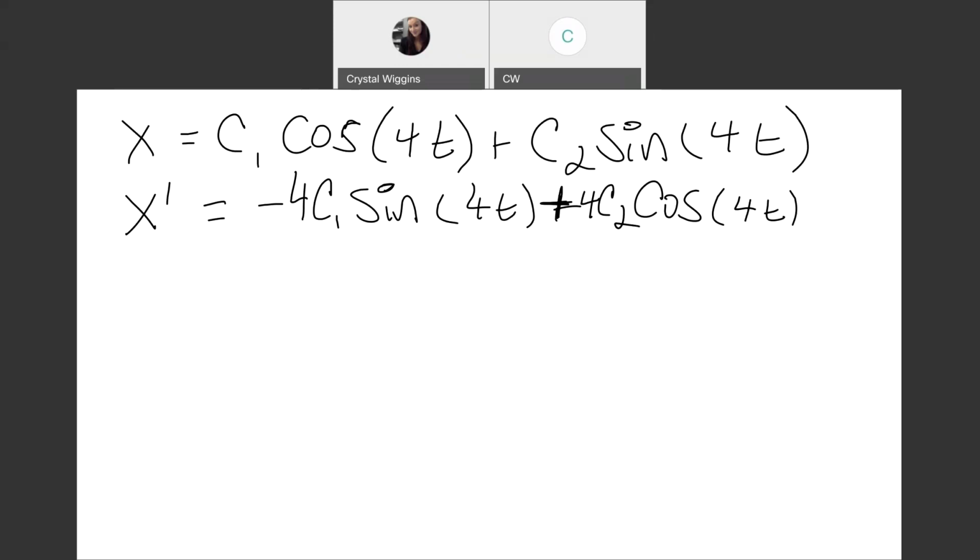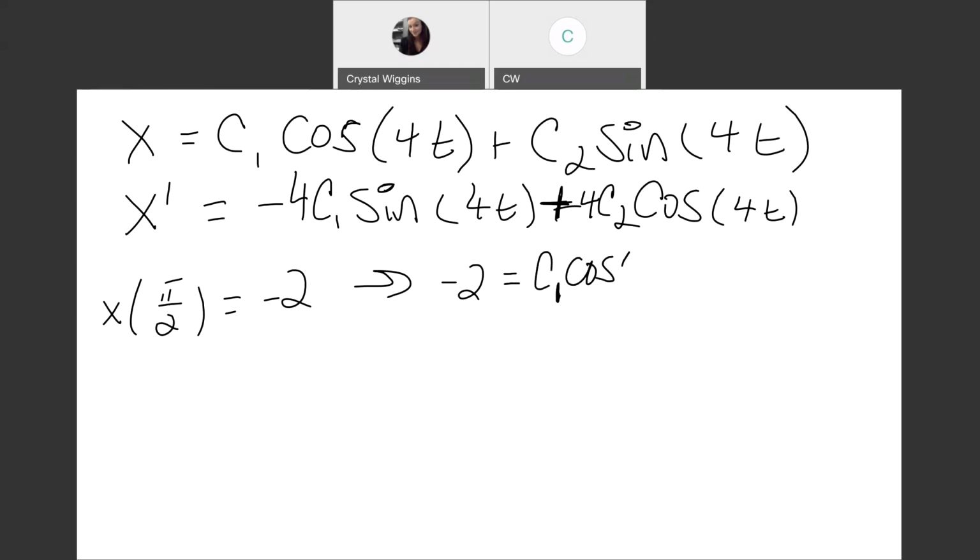Now that we have both the solution function and its derivative, we can use our initial values. So for the function, it told us that x of pi over 2 is equal to -2. So what does that mean? It means that -2 is the output, so I'm putting it in for the x, is equal to c1 cosine of 4 times pi over 2, our input, plus c2 sine of 4 times pi over 2.